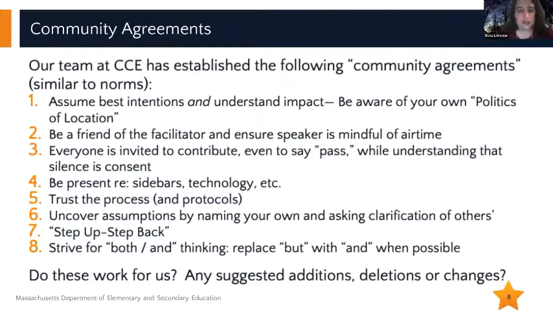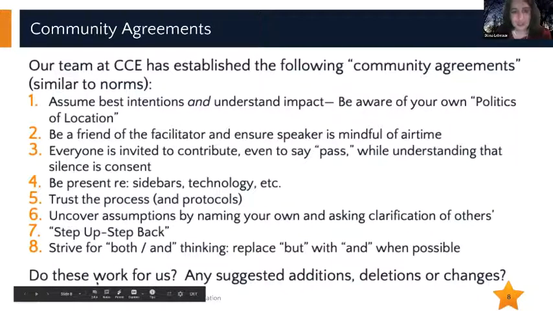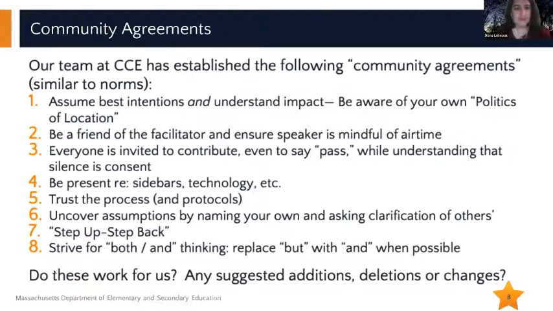Today, I particularly want to encourage you all to be present as much as you can. That's the fourth community agreement. But we know that all of you have many competing demands on your time, so we respect that you are all engaging to the extent that you're able in these unusual times.